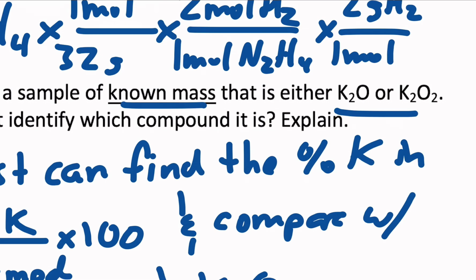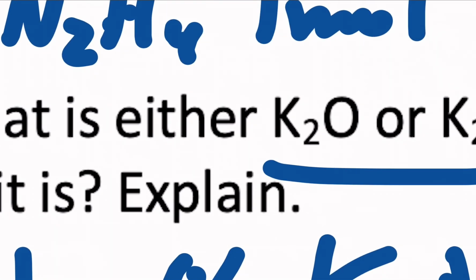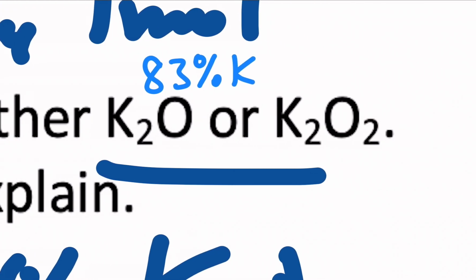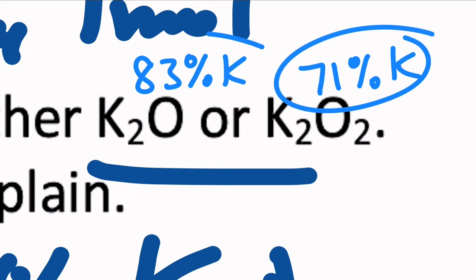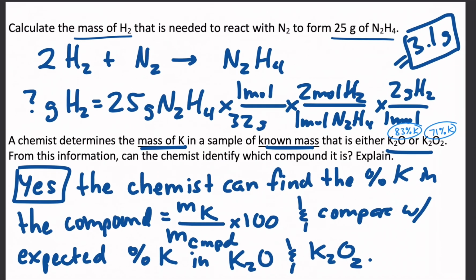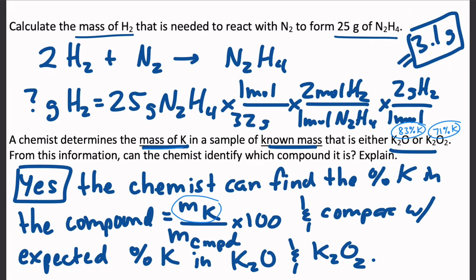So just to prove to yourself, if you want to practice this, K2O is 83% potassium, but K2O2 would be 71% potassium. And we would just literally calculate the mass of potassium given divided by the mass of the compound, the known mass, and just, is it closer to 83 or closer to 71?